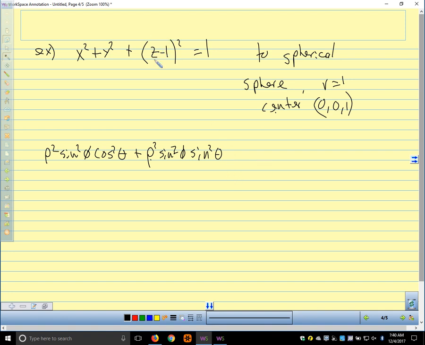Plus, when we square z, which is rho cosine phi, we get plus rho squared cosine squared phi minus 2 rho cosine phi plus 1 equals 1.